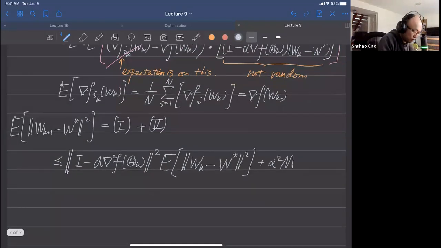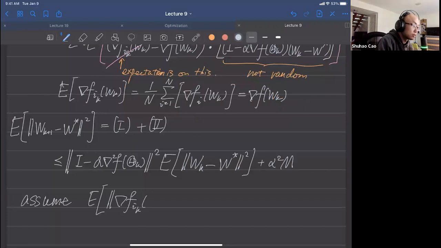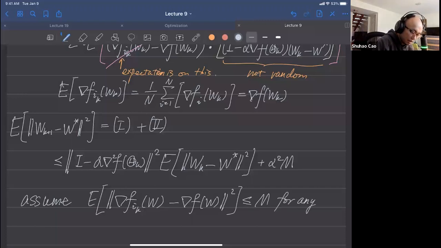Where we assume the expectation of the sample gradient subtract the overall gradient is less than or equal to M for any ik and for any w.